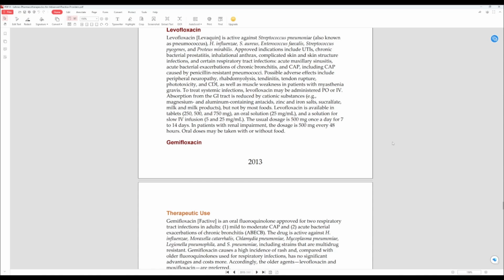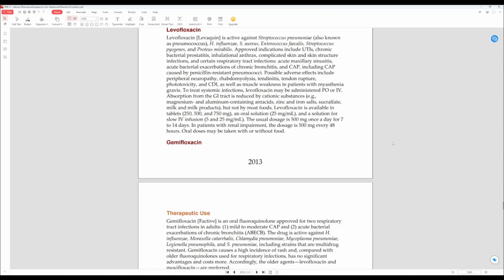Approved indications include UTI, chronic bacterial prostatitis, inhaled anthrax, complicated skin and skin structure infections, and certain respiratory tract infections, such as your acute maxillary sinusitis, acute bacterial exacerbations of chronic bronchitis, and CAP, including CAP caused by penicillin-resistant pneumococci.